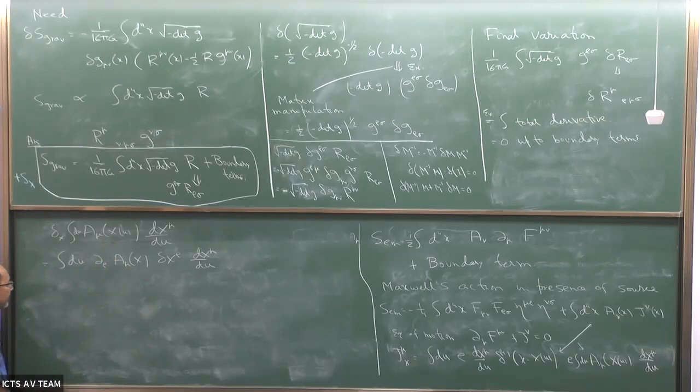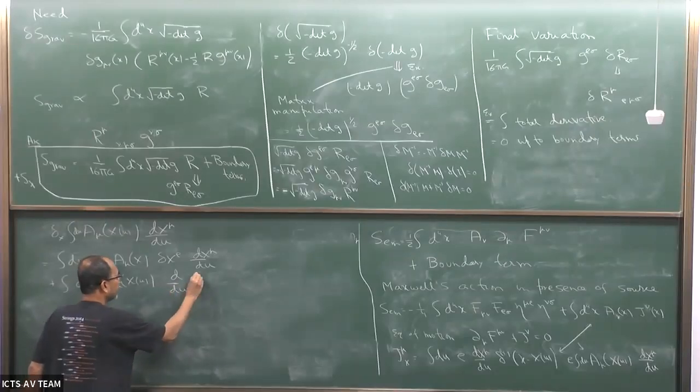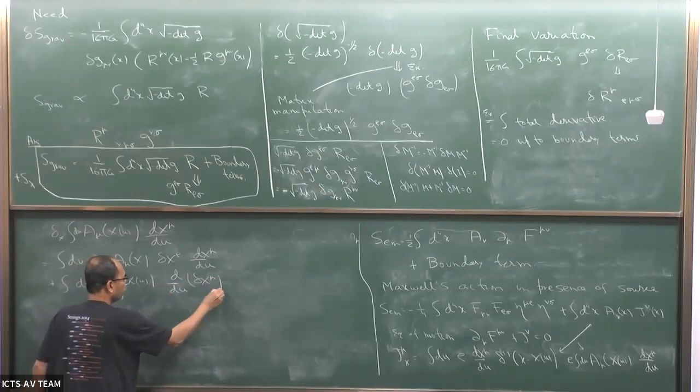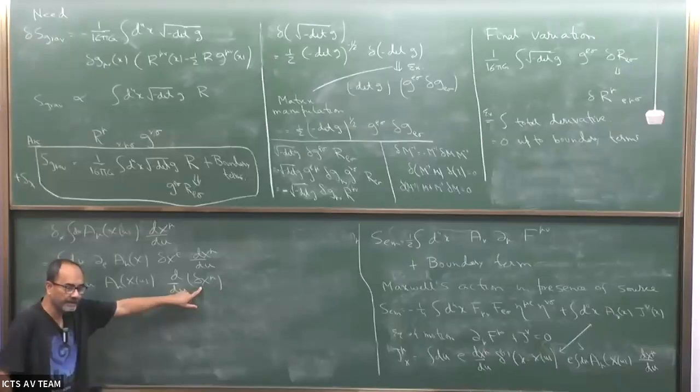So you get this plus the integral du a mu of x of u d du of delta x mu. This one you have to integrate by parts, because you have to free delta x mu to get the contribution to the equation.